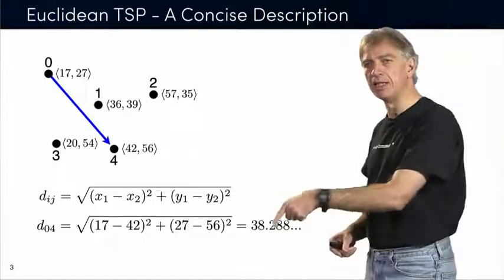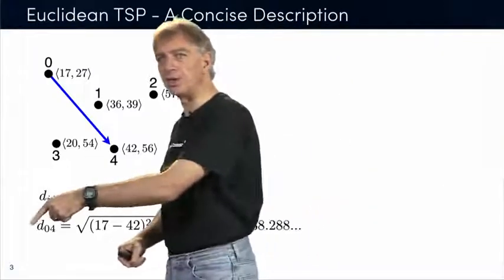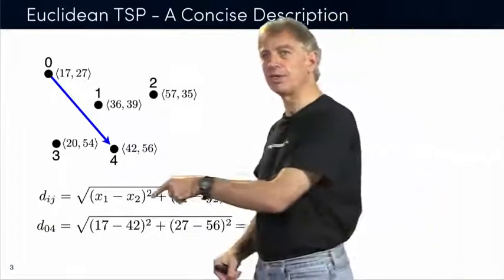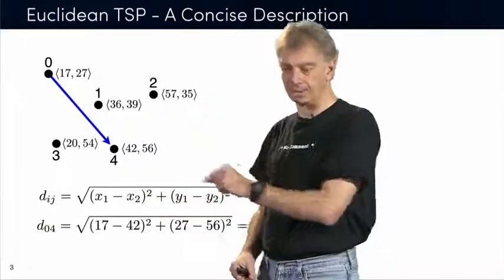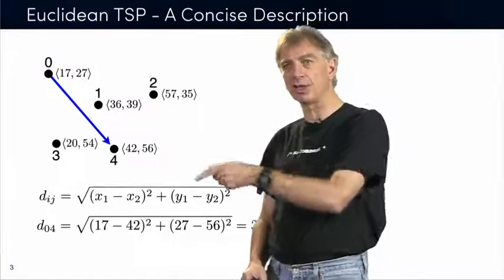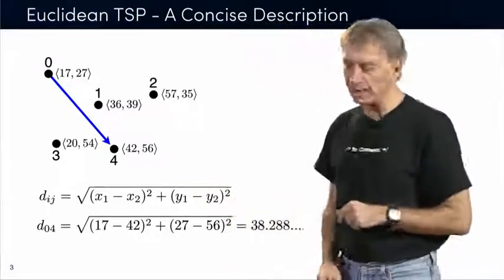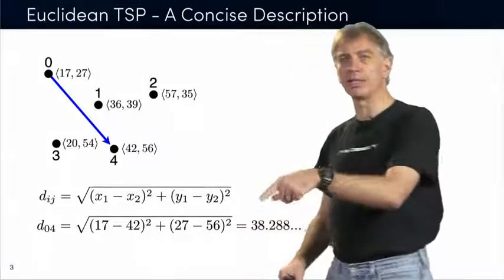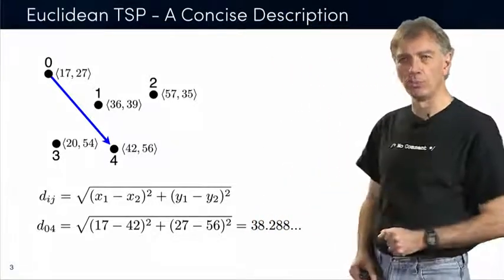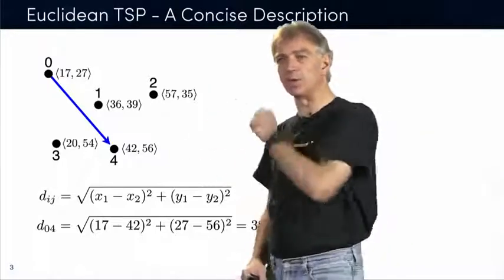That gives you the distance between, let's say, points 0 and 4. So you take 17, subtract 42, and square that. You take 27 and subtract 56, square that, and take the overall square root, and that gives you the distance of 38.288, which is the Euclidean distance between these 2 points.